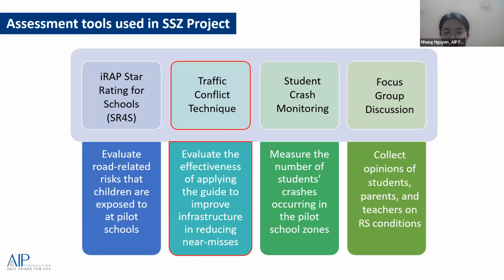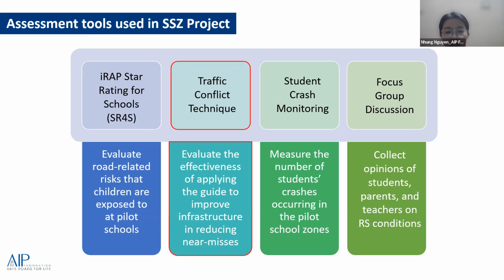In the safe school zone project, in addition to the traffic conflict technique that is used to evaluate the effectiveness of applying the guide to improve the infrastructure, in reducing the number of conflicts between pedestrians and vehicles, we also use other assessment tools as well. The first one is the survey for school to evaluate the infrastructure-related risks that the children are exposed to at the pilot schools.